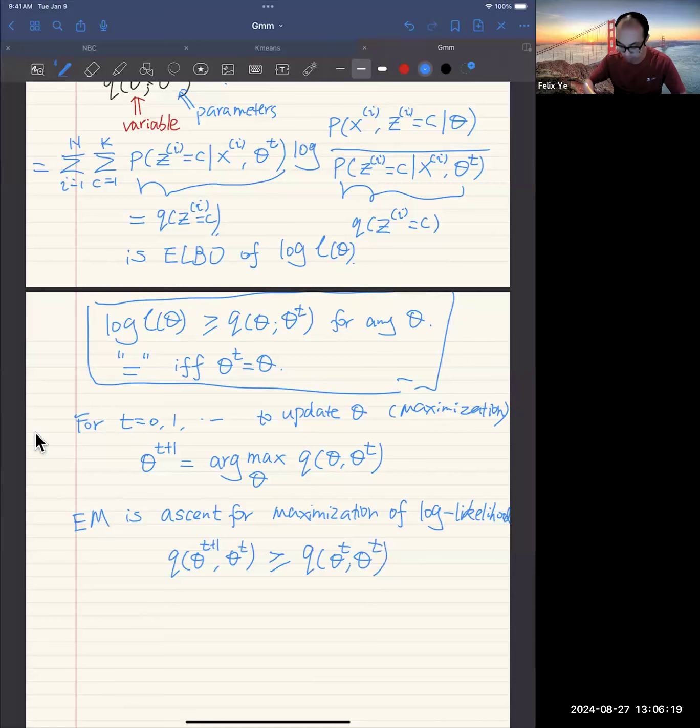This is due to the EM algorithm. But we know if theta is equal to theta t, this is nothing but my log likelihood evaluated at theta t.